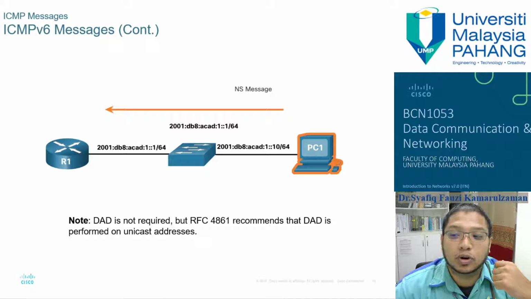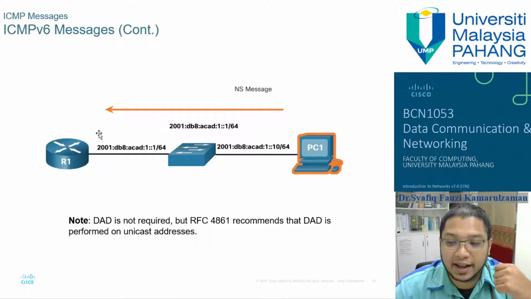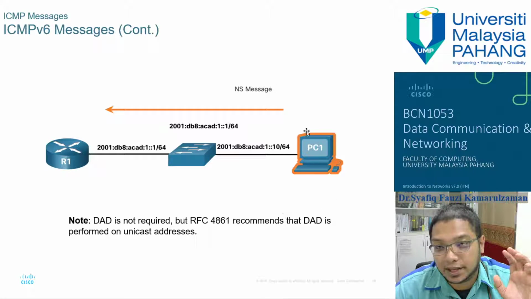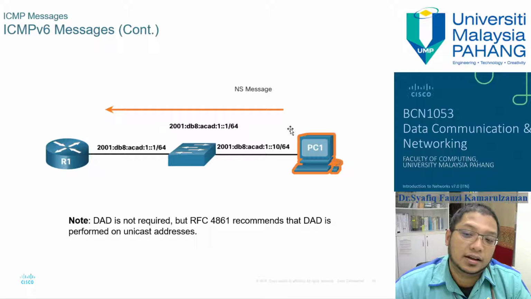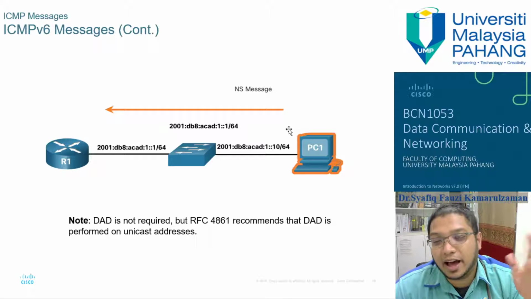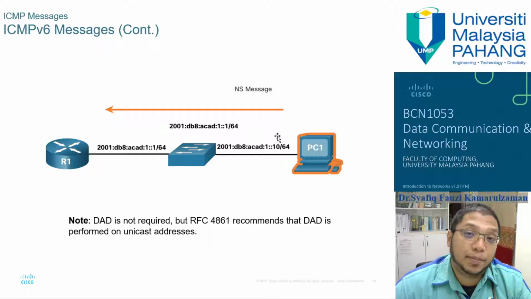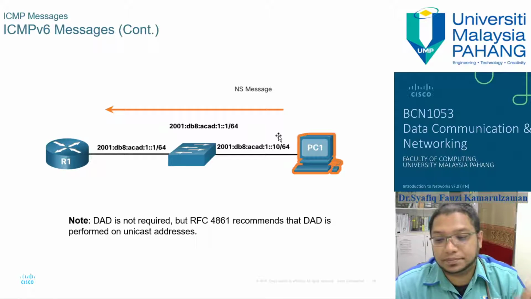So this one is basically from the host: you send an NS to check whether the other PC has that IP address or not, and the other PC will reply with an NA message telling whether they are using the same IP address. So basically, RS and NS are the beginning, and RA and NA are the reply form.